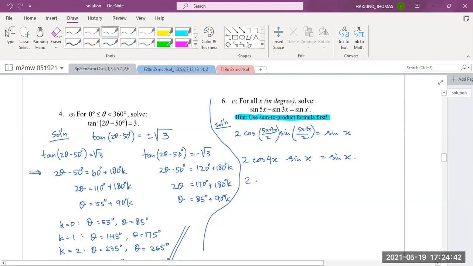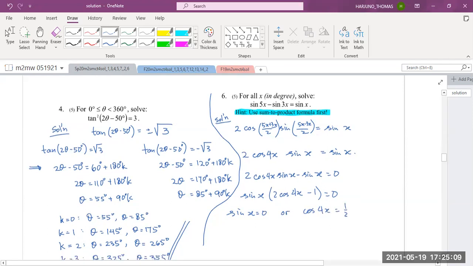Okay, the proper way is to subtract by sine x and factor. So you see that sine x equals 0, or cosine 4x equals 1/2.